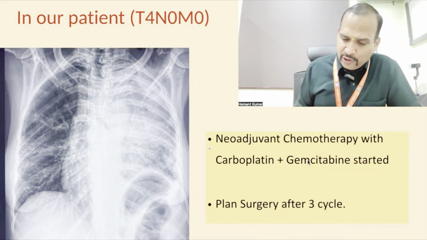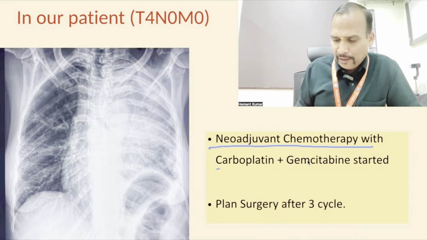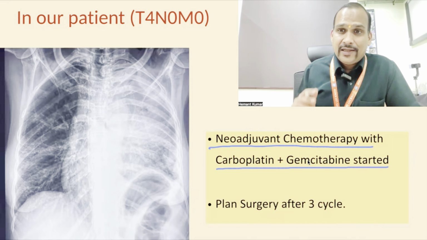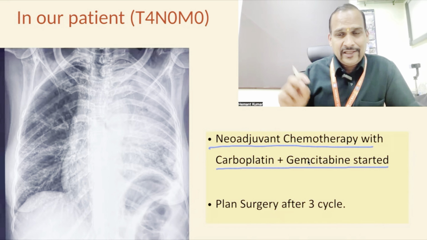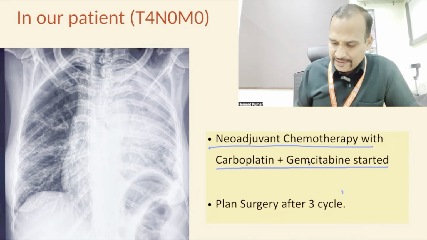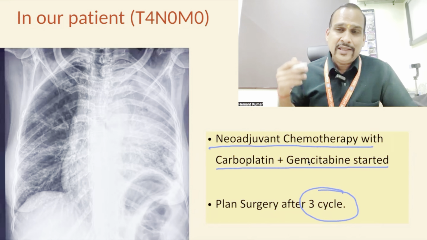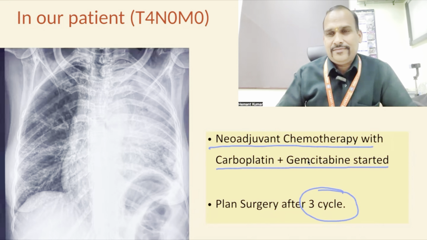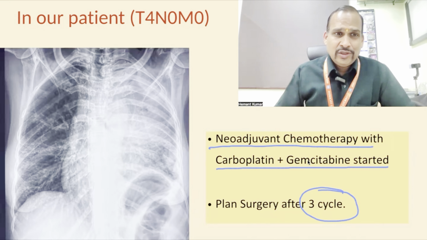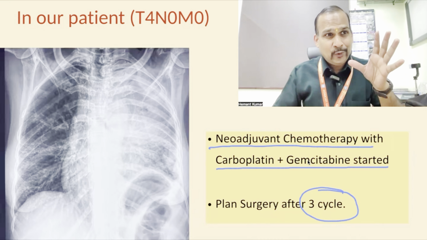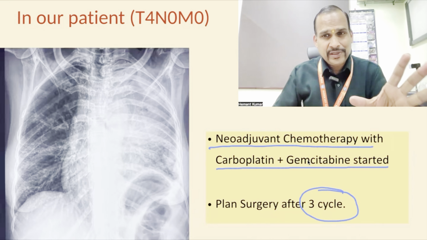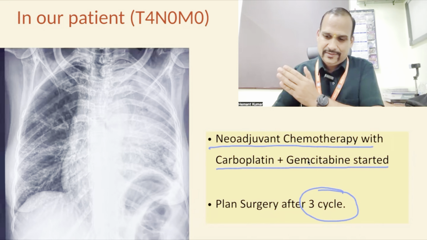So we have given neoadjuvant chemotherapy in the form of carboplatin and gemcitabine, every cycle at 3 weeks. We have given 3 cycles of chemotherapy, then we sent for surgery. Okay, so this is how we have to approach this patient. We have to investigate this patient and we have to manage this patient.